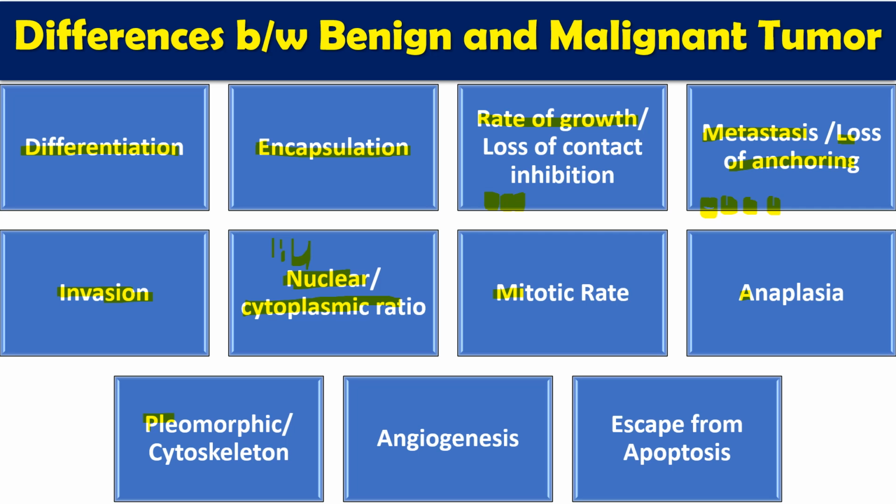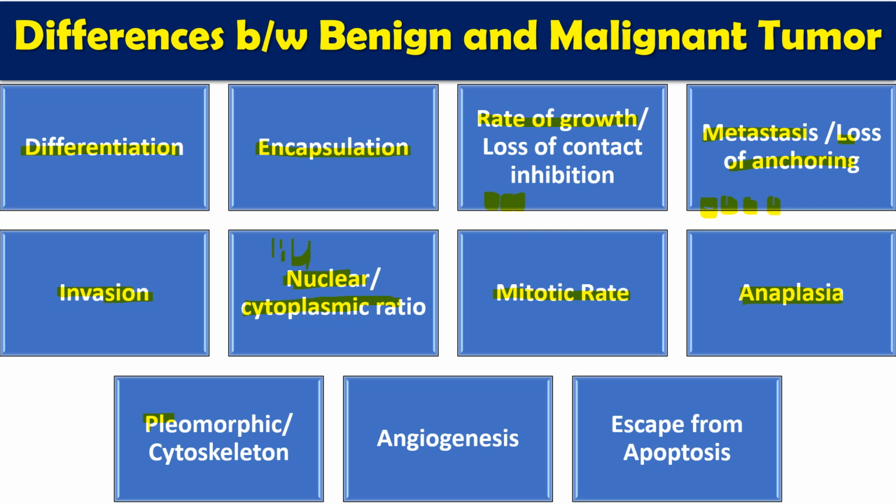Mitotic rate, the cell division rate. Anaplasia is loss of morphological features. If the morphology of the cells is lost or modified, that is called anaplasia. And pleomorphic means different cells will have different kinds of morphology.